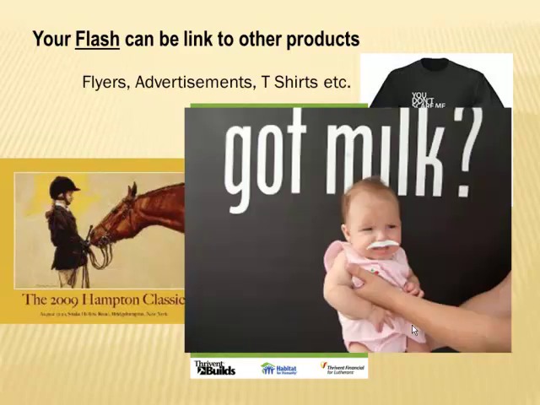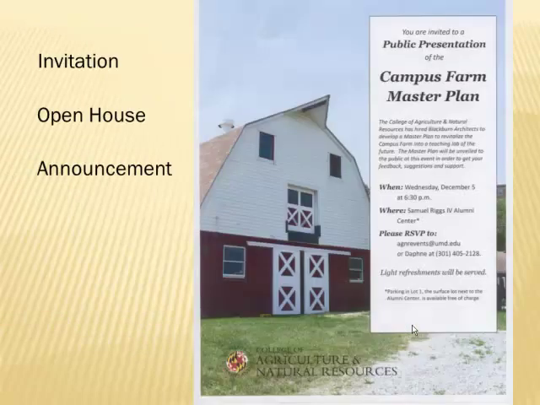It gets your attention about a product or something that you're trying to get across. It can be used as invitations and open house announcements as well, and this would be an example of an invite to a campus farm master plan rollout that people will come to at the University of Maryland. That gives you an idea about what flashes are up to.